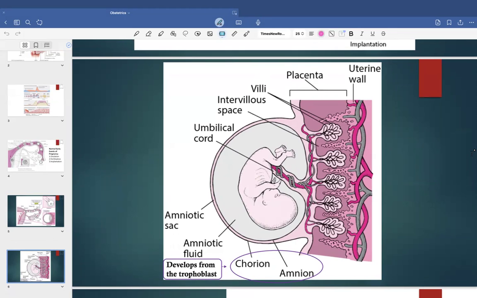So the most inner layer is the amnion, and that surrounds the embryo or the fetus. It's filled with amniotic fluid, and that serves as a cushion for the developing fetus. It provides buoyancy and a stable temperature. Also protects the fetus against physical trauma.